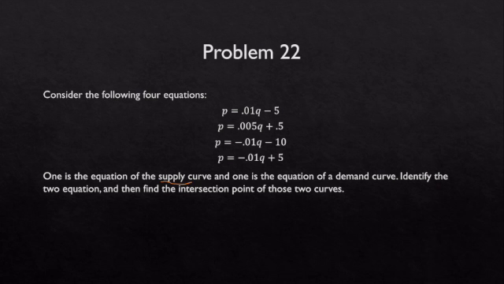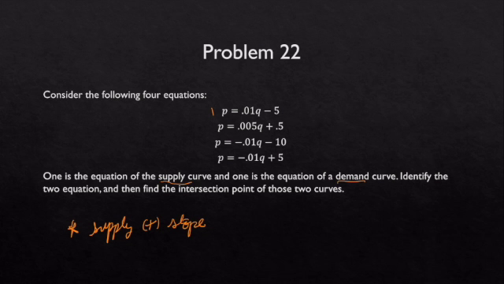So first, let's use the information that we have. So the first thing I know is that a supply curve is going to have positive slope. So which 2 of these equations could be my supply curve? Well, it's going to be this one and this one. So the top 2 with positive slope, those are my possible supply curves.